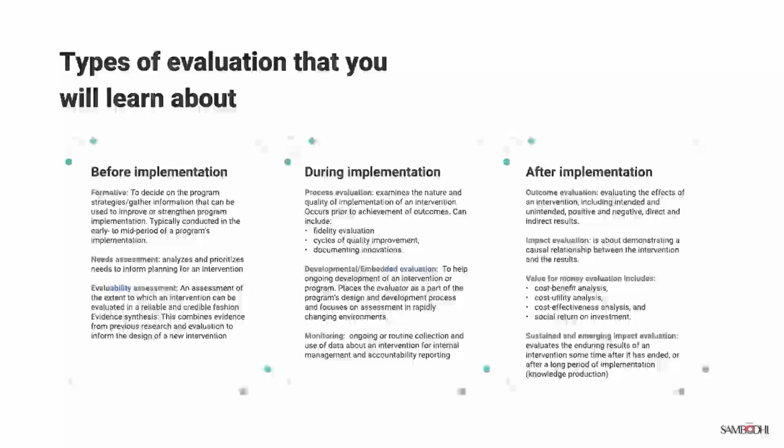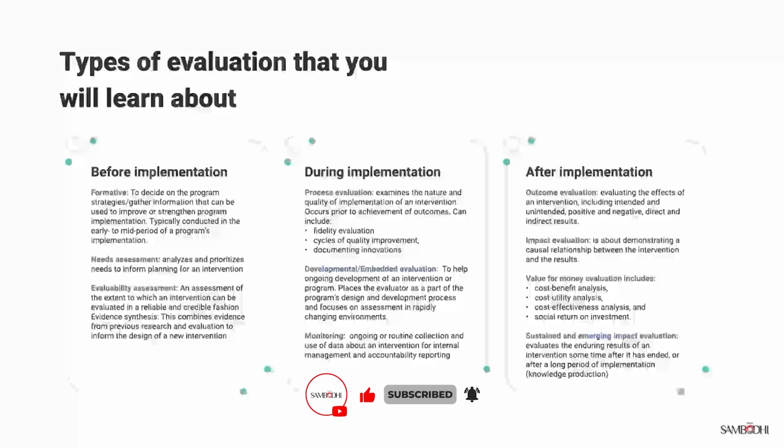The third type is evaluability assessment, which assesses the extent to which an intervention can be evaluated in a reliable and credible fashion. Lastly, there is evidence synthesis, which combines evidence from previous research and evaluation to inform the design of a new intervention.